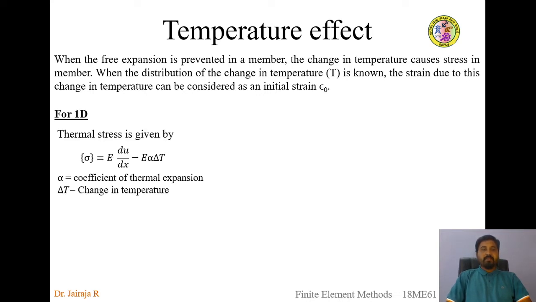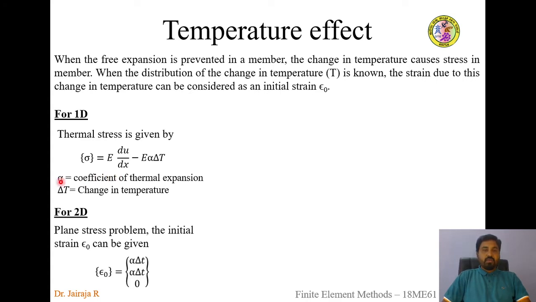For 1D, thermal stress is given by sigma is equal to E du divided by dx minus E alpha delta T, where sigma is the thermal stress, E is the Young's modulus, alpha is the coefficient of thermal expansion, delta T is the change in temperature.